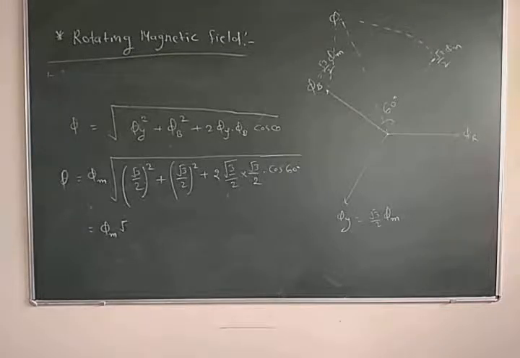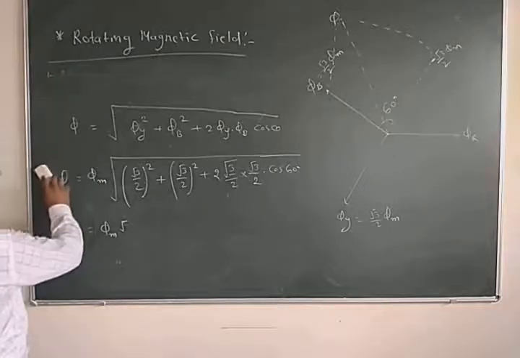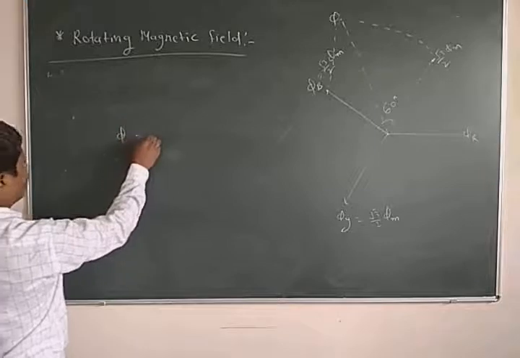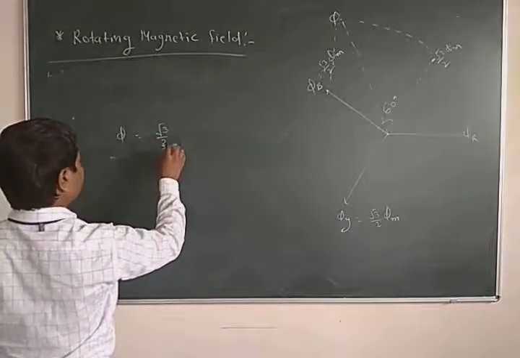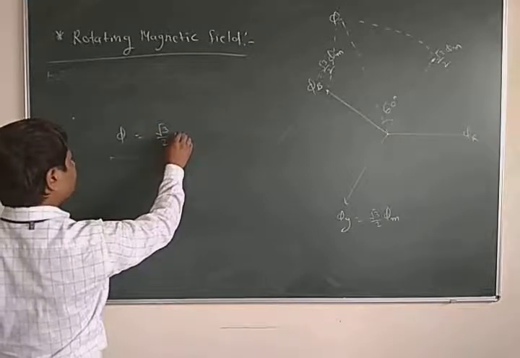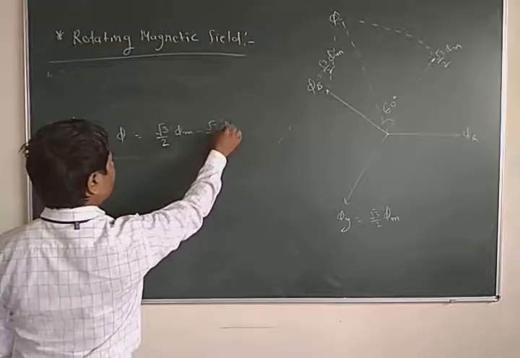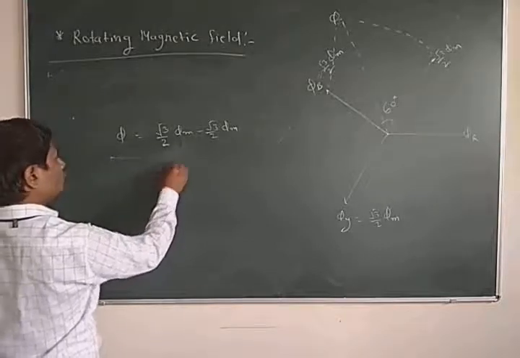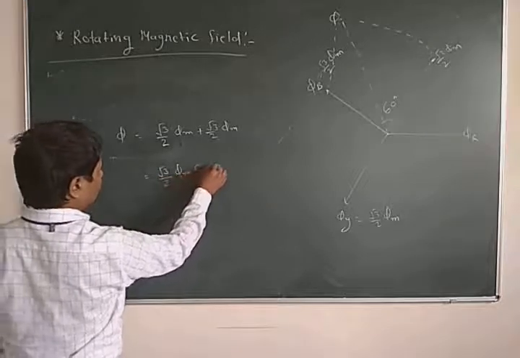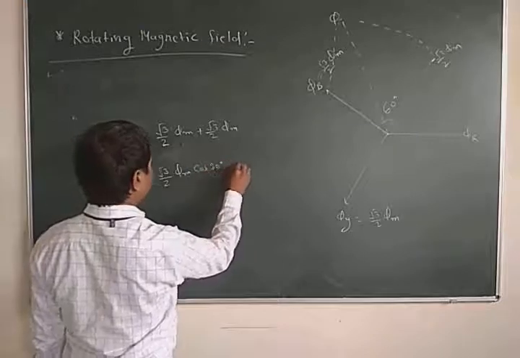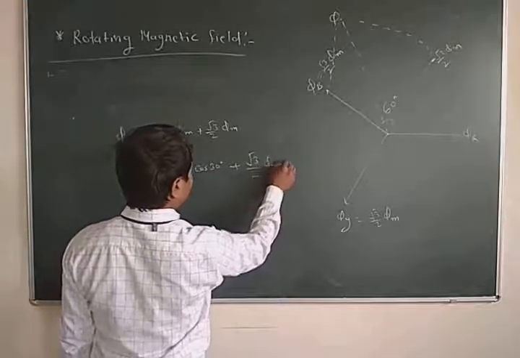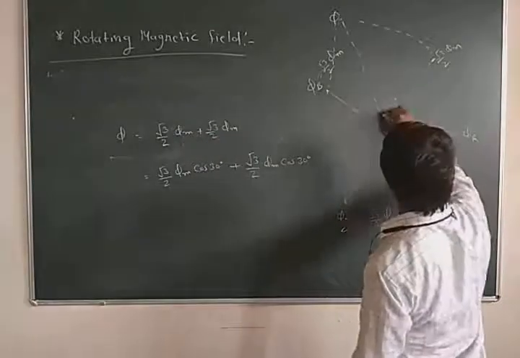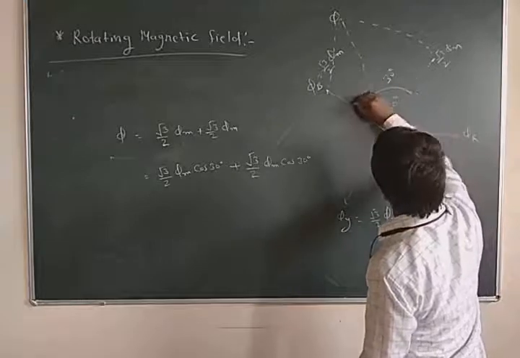Directly we can also write phi is equal to root 3 by 2 phi m and minus root 3 by 2 of phi m, but there is cos 30, so it becomes root 3 by 2 phi m cos 30 degrees plus root 3 by 2 phi m cos 30 degrees, because the angle from the main flux is 30 degrees and this is minus 30.